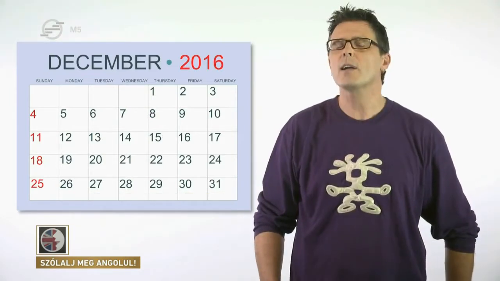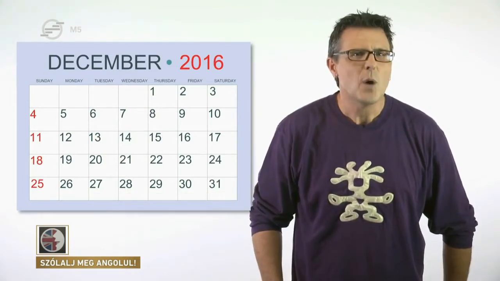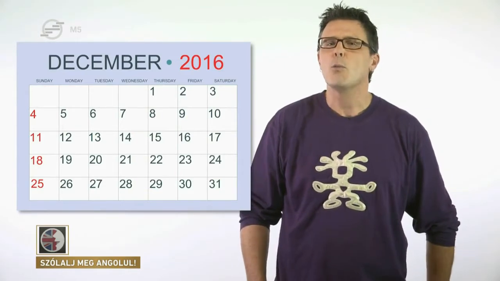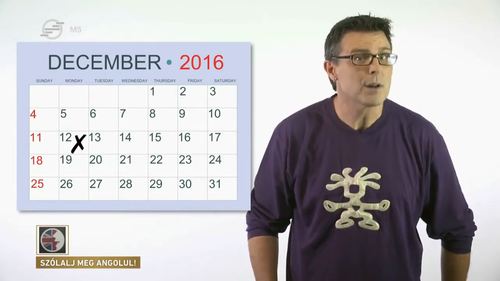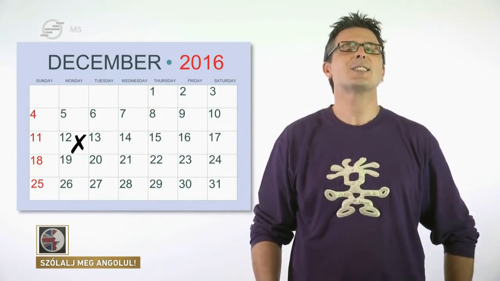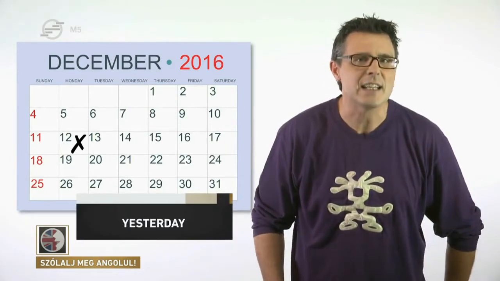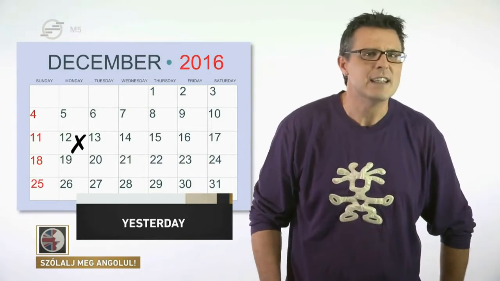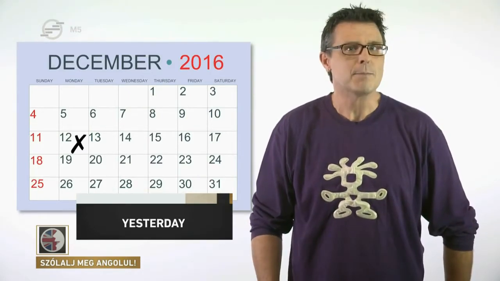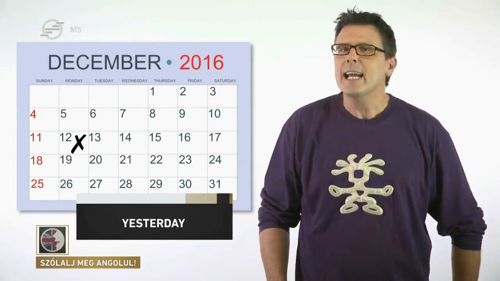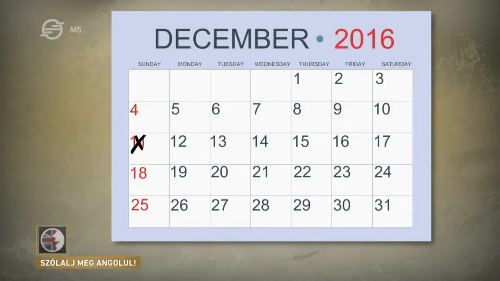Excellent. Okay. Now, what about the 12th of December? Yes, well done. The 12th of December is yesterday. Terrific, Triffid, Yucca, Orchid. Okay. Now, what about the 11th of December? Any ideas?